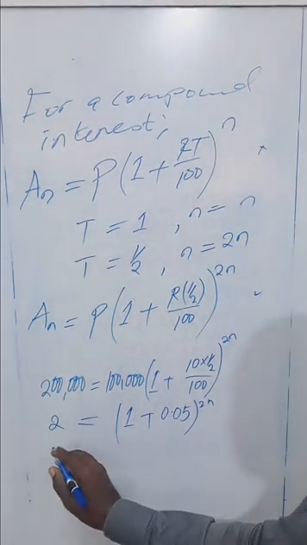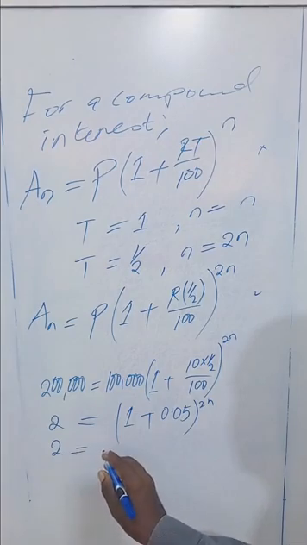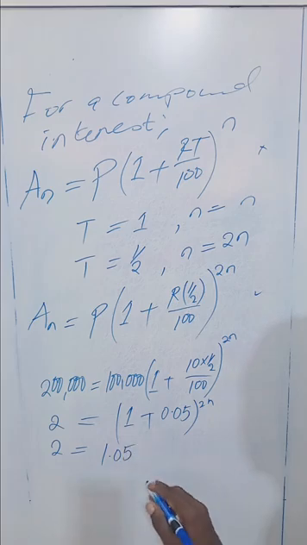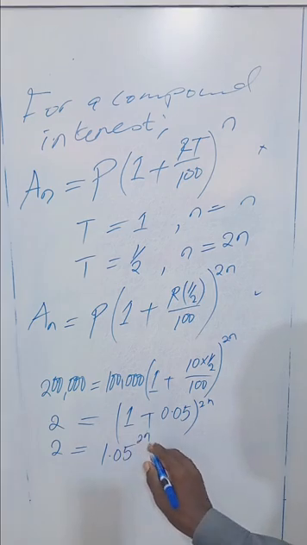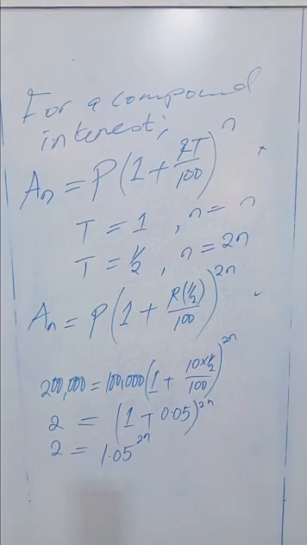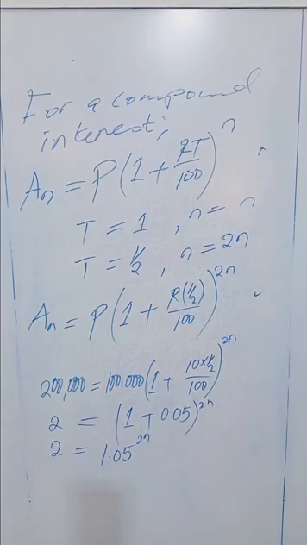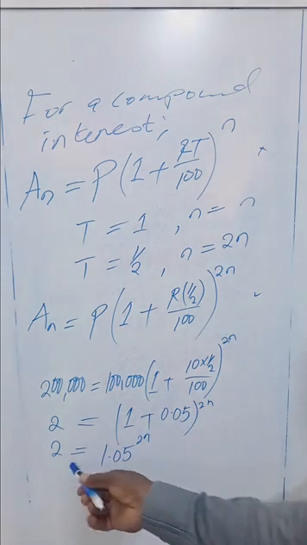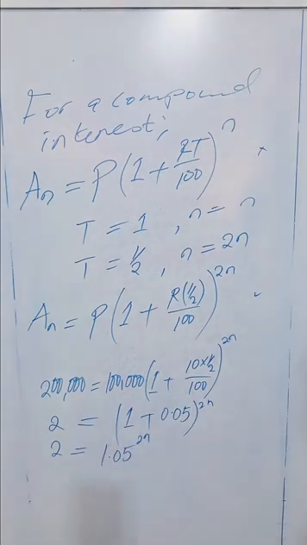Okay, so we have 2 to be equal to 1.05 raised to power 2n. Can we use the rules of exponents here? Definitely, I would say no. So what's the next option? For us to be able to use the rules of exponents, it's supposed to be either the same bases or the same exponents.